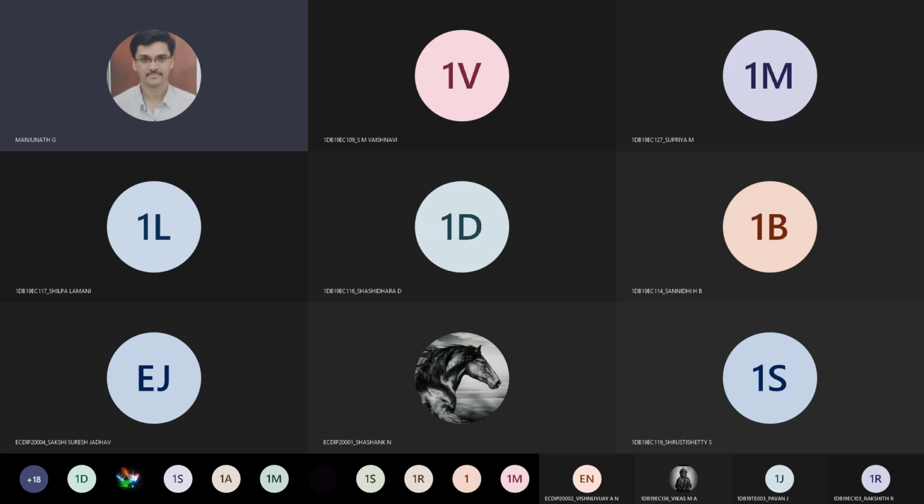So any doubts, anyone with model number 2? If anybody has doubts, you can ask, guys. So maybe today I will share that signal flow graph nodes for you people. No doubts? Shall we move on to next then? Everyone? Yes, sir. So let's move on to next, model number 4, guys.